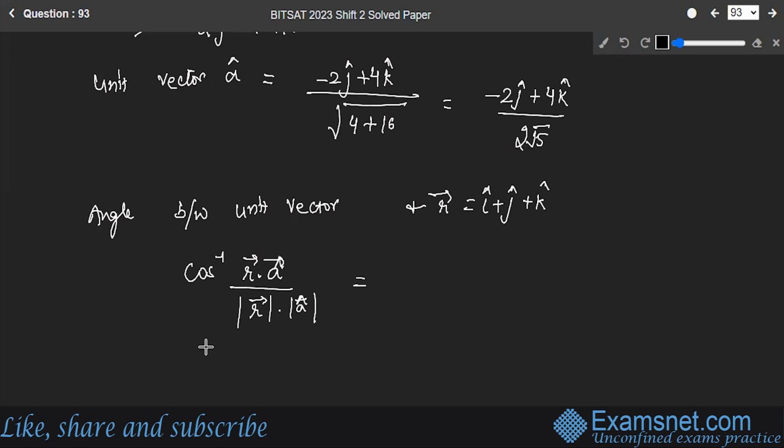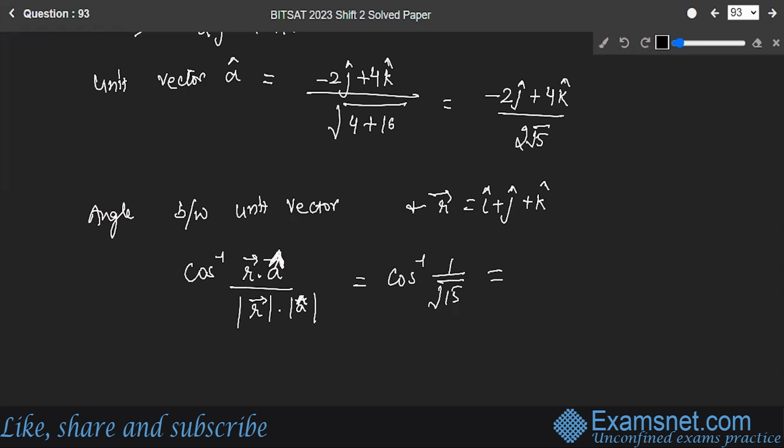Here was this unit vector, so a cap will come over here. So this is equal to cos inverse 1 by root 15. And yeah, cos inverse 1 by root 15.